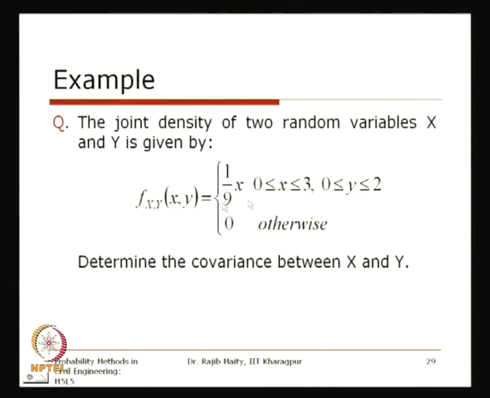So, we can get the marginal of X and the marginal of Y, multiply these two marginals, and see whether this comes equal to the joint density or not. If it is so, then they are independent, and that is why we got the covariance equal to 0. If it does not come equal, that does not mean that it will always come, as I was telling. So, you can take this up as a cross-check and check it once yourself to see why the covariance has come to 0 for this particular problem.